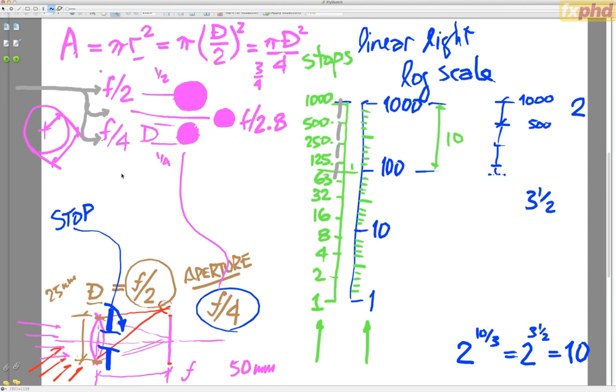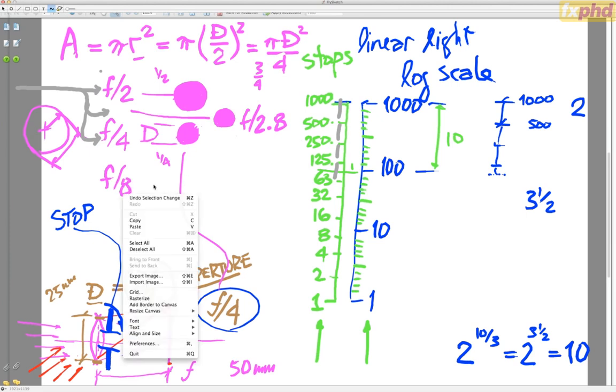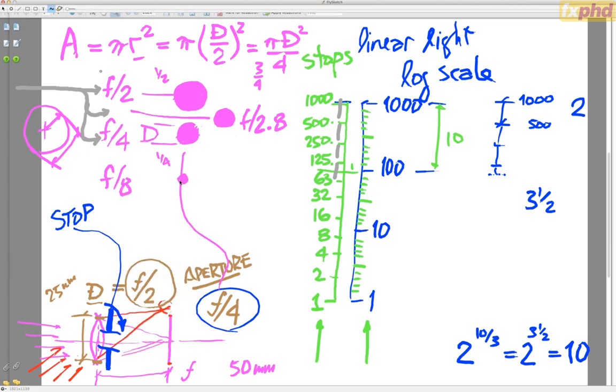If we went from F4 and we have that and we went to F8, now it gets fairly small, half the diameter of this. But again, that's 1/4 the amount of light. So where the F4 aperture was taking us to this level, the F8 aperture will take us to this level.